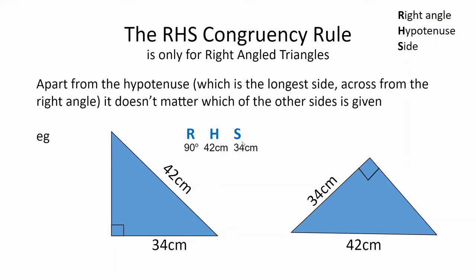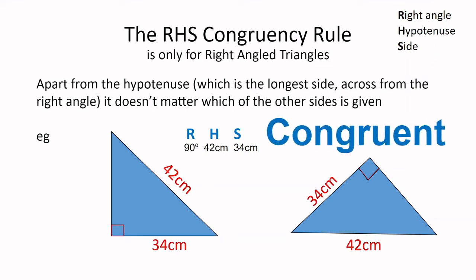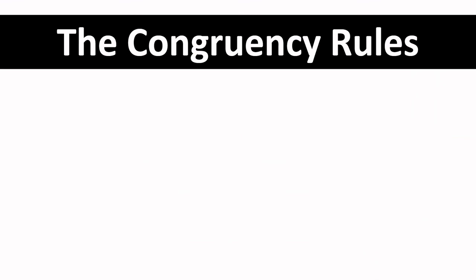The other side length is 34 centimeters in both cases. So by RHS, not by ASS, but by RHS, these two triangles have a right angle, common hypotenuse, common side. They're congruent.